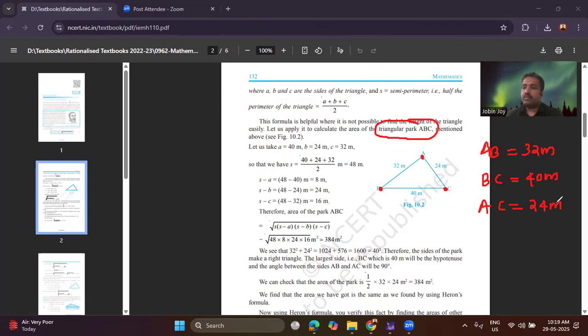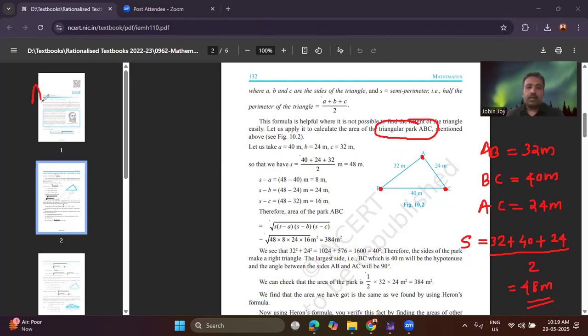So we have three sides: 32 meter, 40 meter, and 24 meter. First of all, calculate the semi-perimeter: 32 plus 40 plus 24, the whole divided by 2, equals 48 meter. So S will be 48, the semi-perimeter.